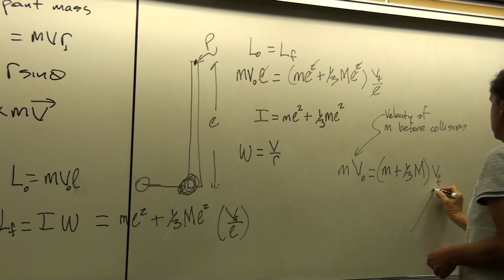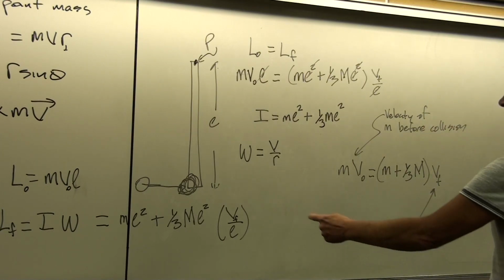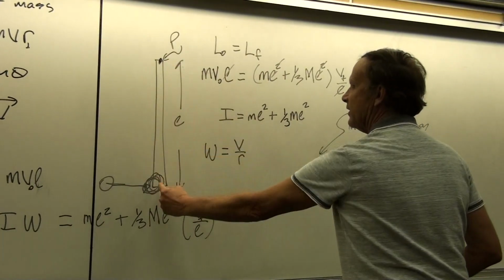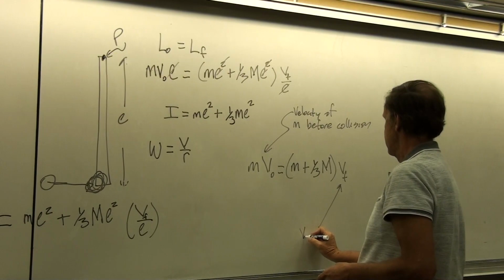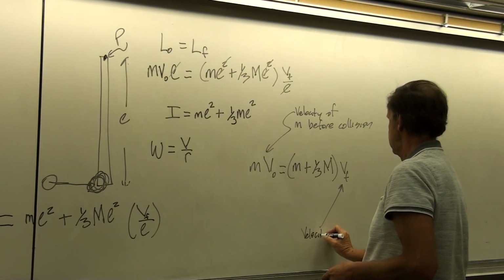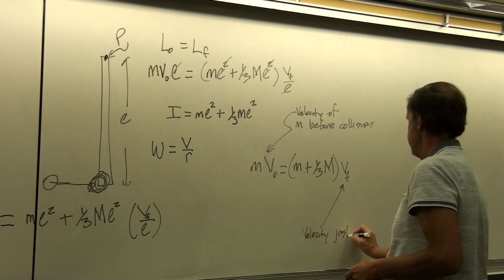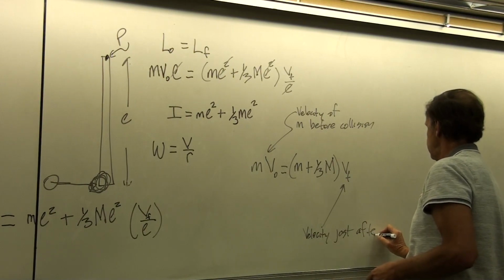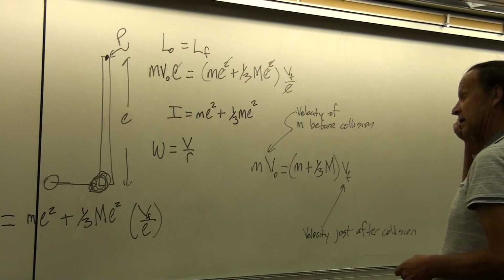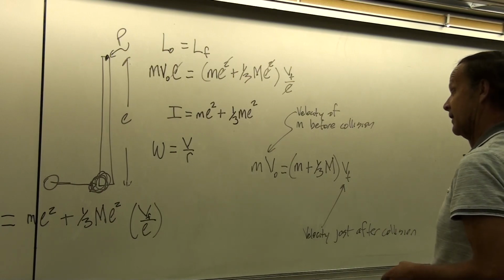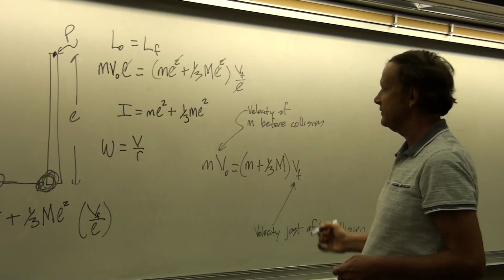And V final is the velocity of the mass and also the end of the stick just after the collision. So this then gives us a condition on the initial velocity.